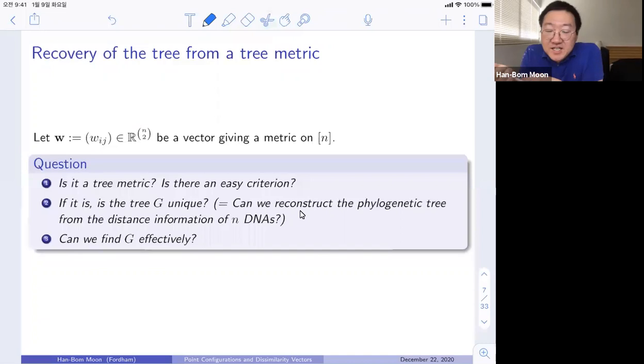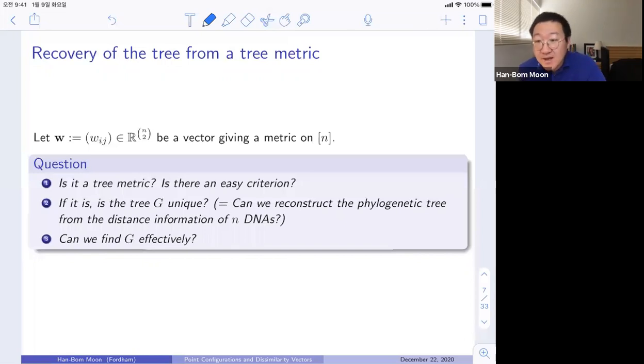This question is in particular very important in phylogenetic trees in computational biology, because it is in some sense equal to asking, can we reconstruct the phylogenetic tree uniquely from the distance information of n DNA, n taxa?